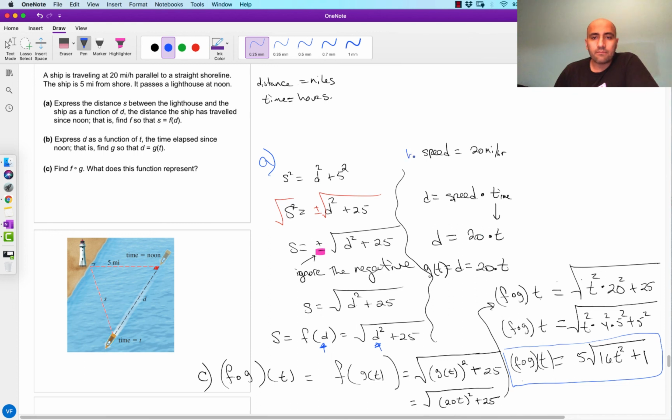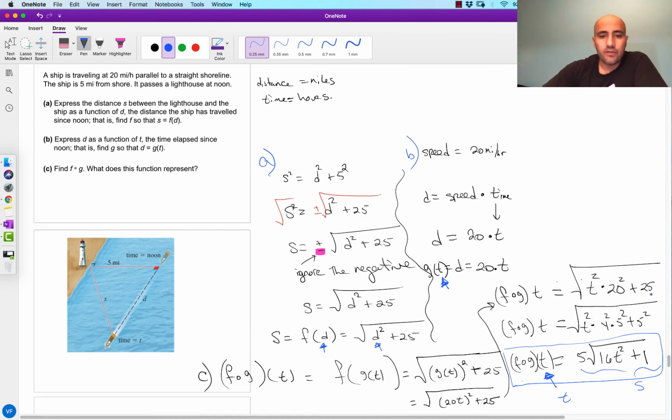For part B, we found a new function, g of t, where the input is the time, how long you have been traveling, and the output was the distance traveled along the path of the boat. And finally, for C, we found this new composition of functions where the input is time, you tell me how long you've been traveling, and the output is going to be s, the distance from the lighthouse to the boat.